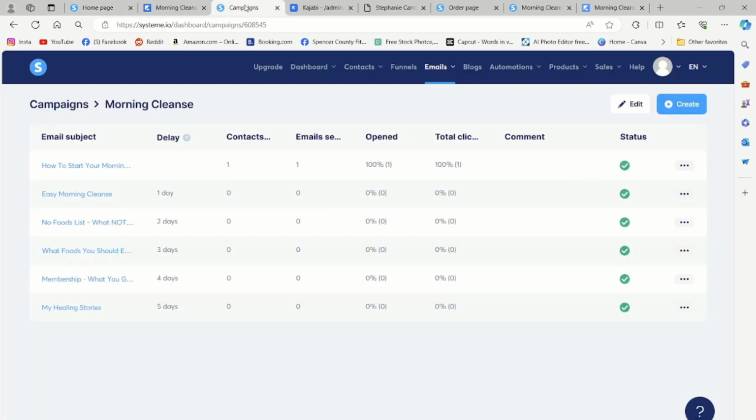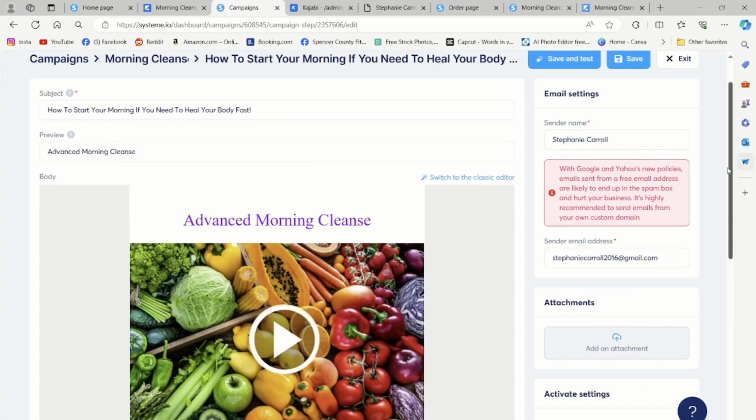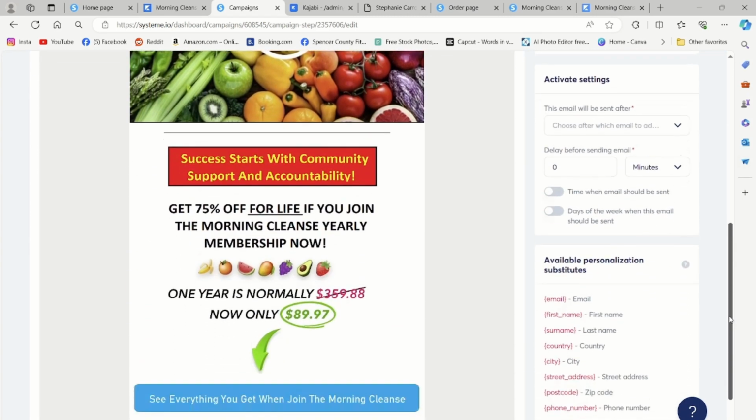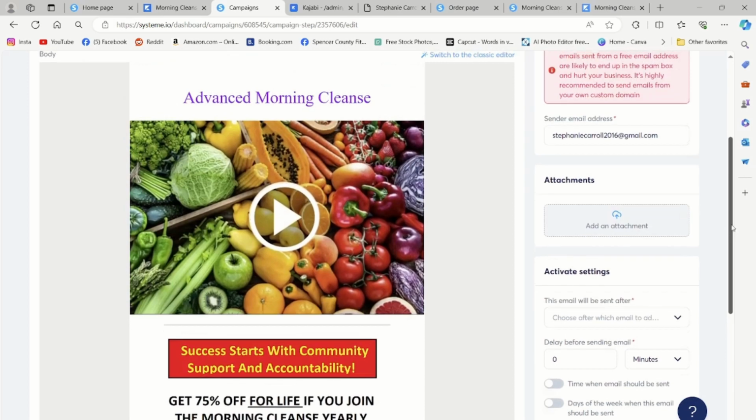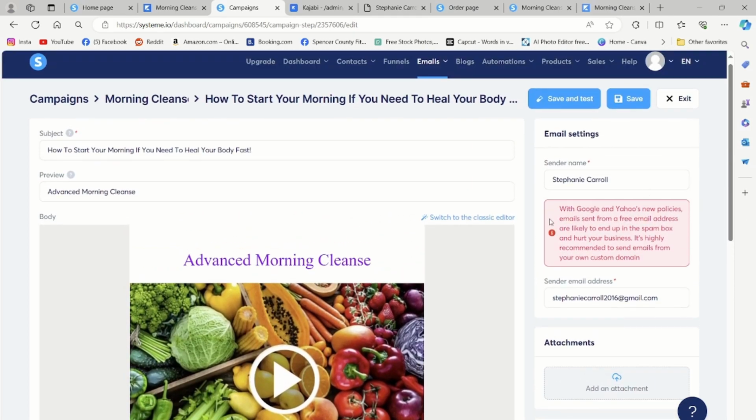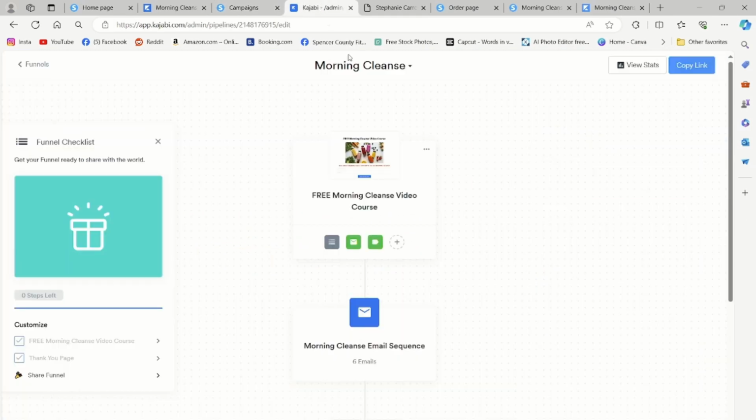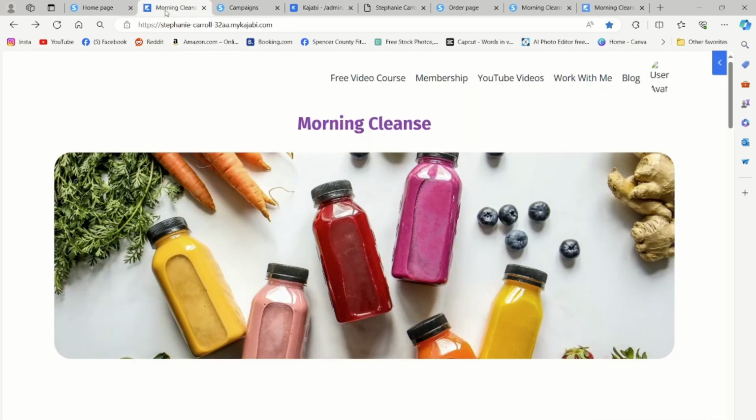Now let's go into the email. So here's the email sequence. And this is the email that people get when they sign up. When I go to Kajabi, it's a little bit of a different platform, as you can see.